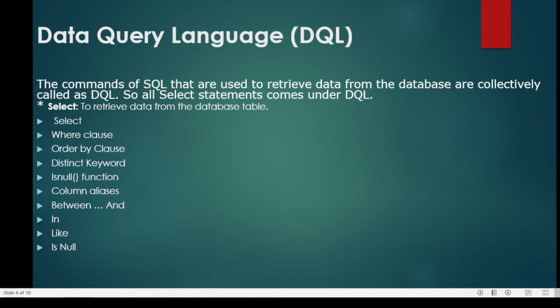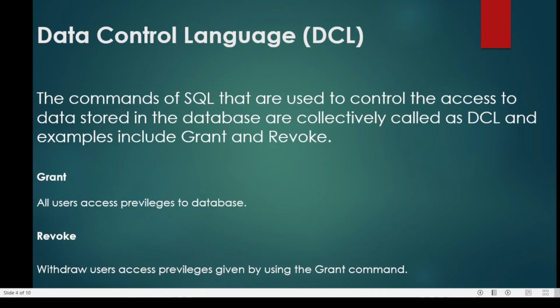Now the next one is the data query language, which is basically used to retrieve data from the database, like select, where clause, order by clause, distinct keyword, column alias, between, in, like. All this is called data query language, used only to retrieve the data.